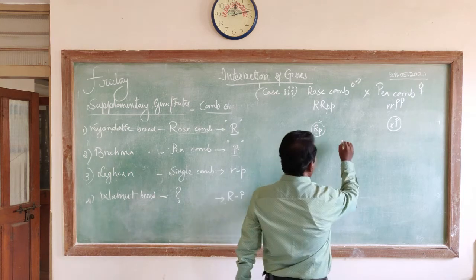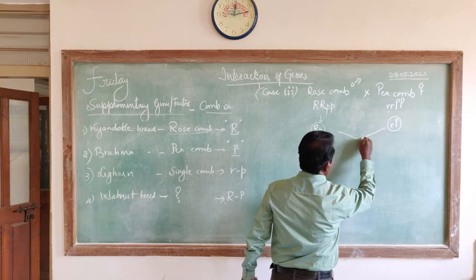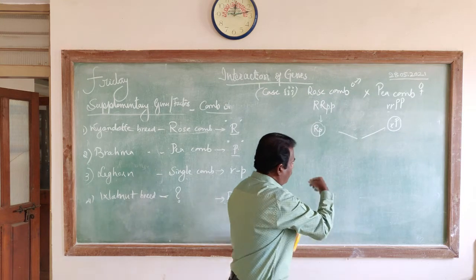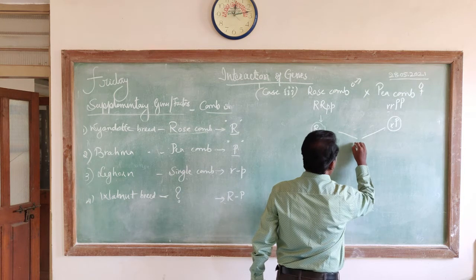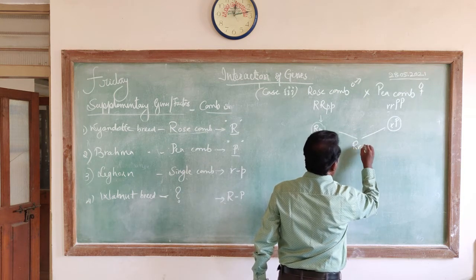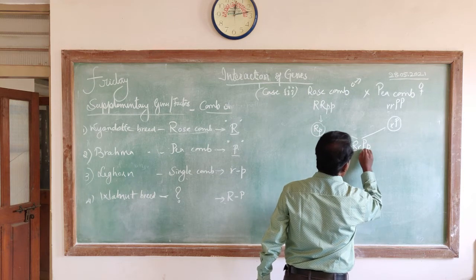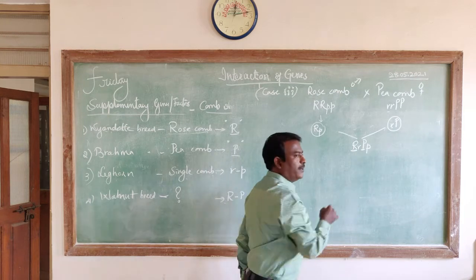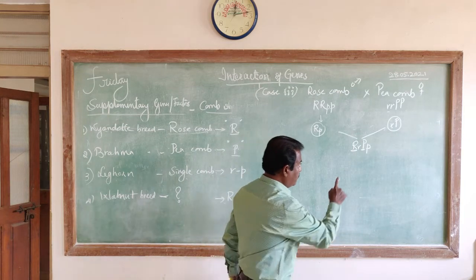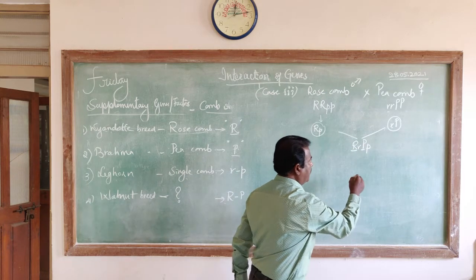Okay, and sperms of this genotype, and egg of this genotype, when they are fertilized, then it forms a genotype as capital R, capital P, small p. Please look at it. Capital R is the dominant, capital P is the dominant, but we are saying that these two are supplementary to each other.